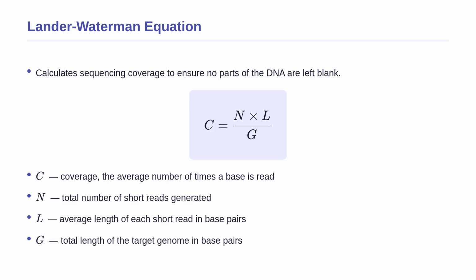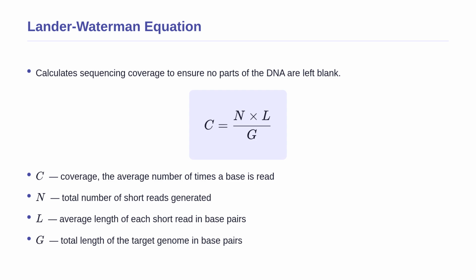This brings us to a critical mathematical question. How do we know if we have generated enough short fragments to cover the entire 3.2 billion letters? We cannot just guess. Computational biologists use the Lander-Waterman equation to calculate sequencing coverage. The equation is C equals N times L divided by G. Coverage simply means the average number of times any single letter in the genome has been read.